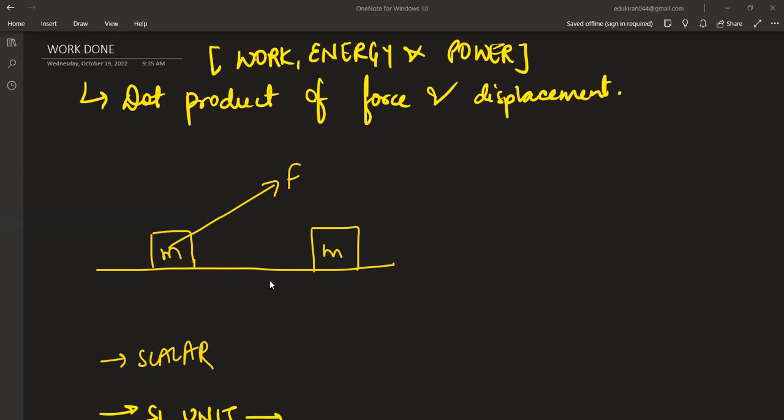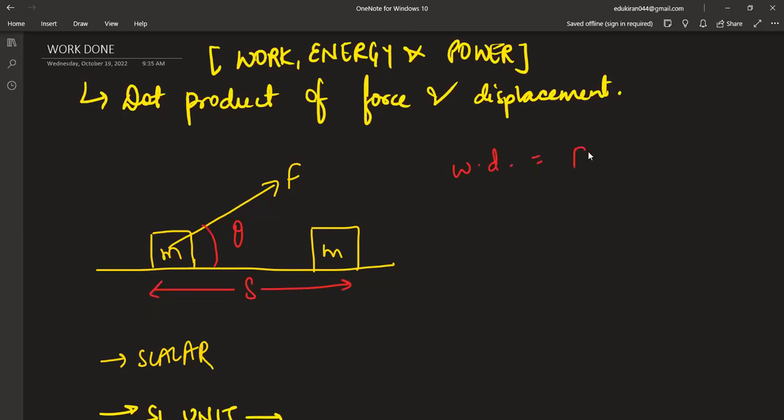What is meant by work done? Suppose this was a block of mass M. I have applied a force and I have pulled it. Because of pulling, what has happened? The mass has arrived at this point. That is, it has covered a certain displacement. So there was an angle also formed between force and displacement. So what is work done? Work done is the dot product of force and displacement.